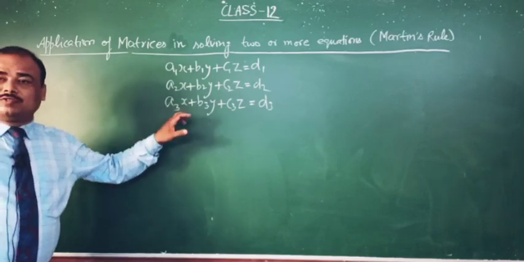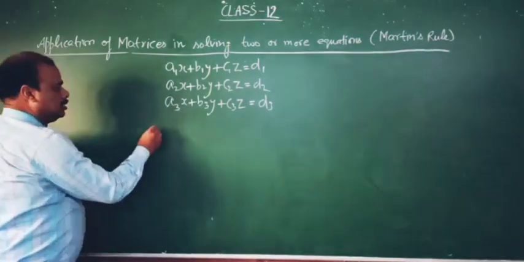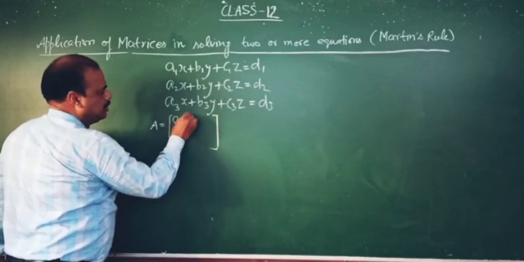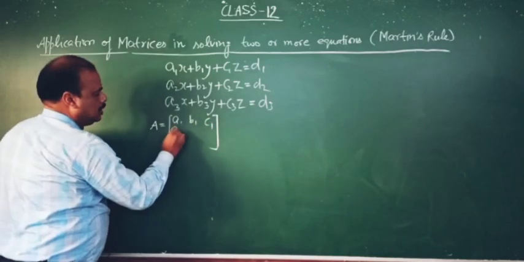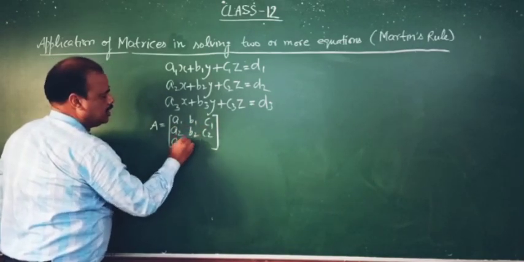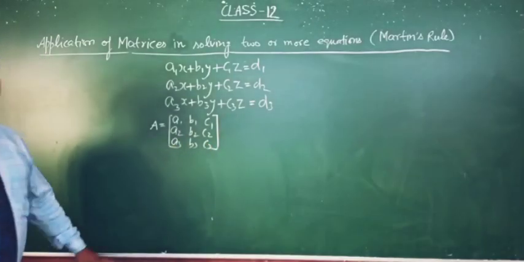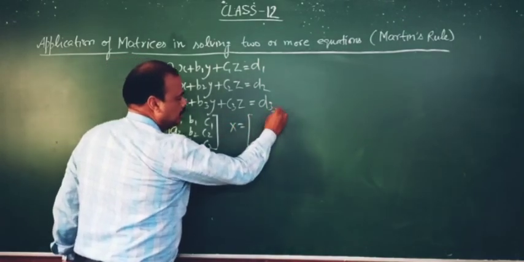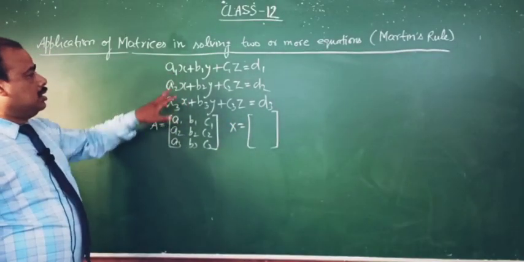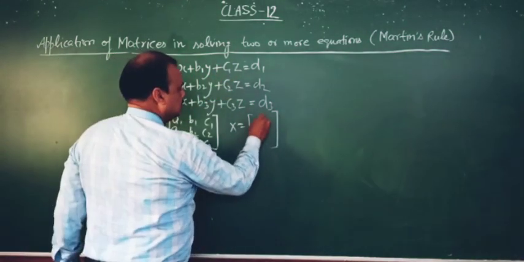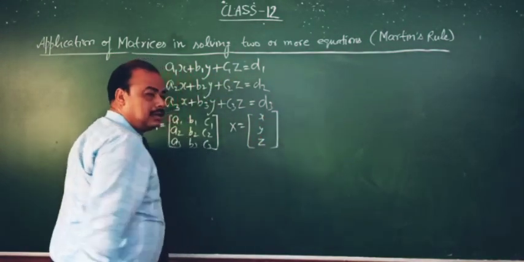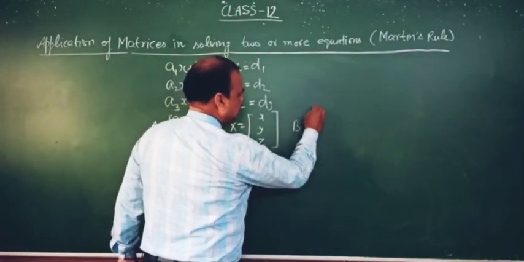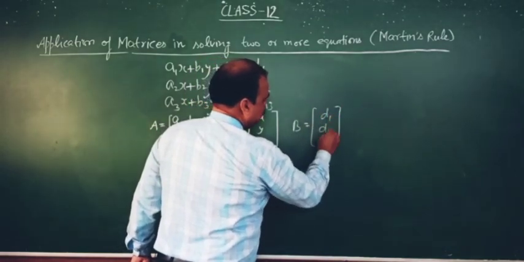In these equations, the matrix of coefficients will be a1, b1, c1, a2, b2, c2 and a3, b3, c3. This is the matrix of coefficients. Matrix of variables, it means X equal to x, y, z. It is a column matrix. And the matrix B will be d1, d2, d3.